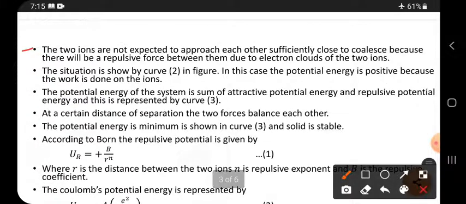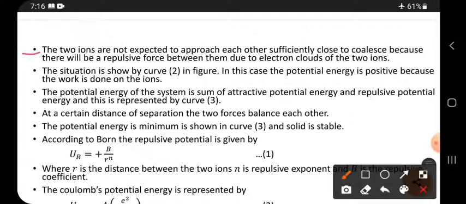The two ions are not expected to approach each other sufficiently close to coalesce. Coalesce means meet together, so they would have to mix themselves and be in contact, with no separation between the two ions.